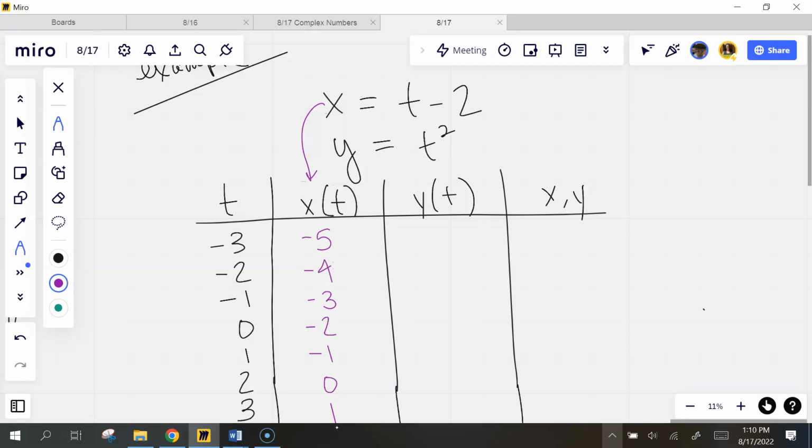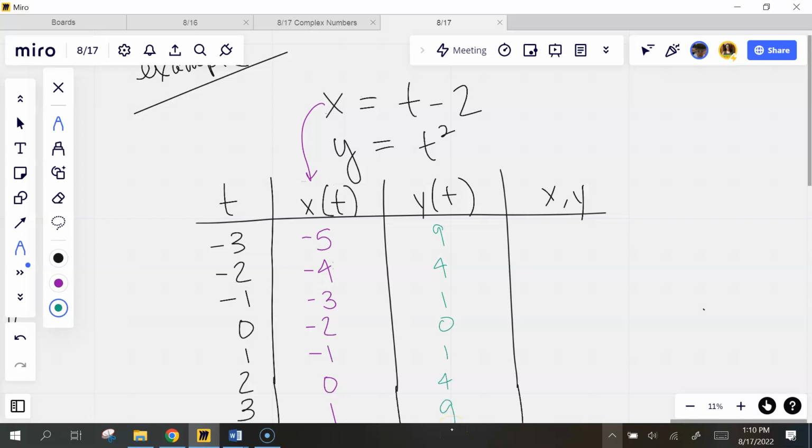Alright, let's do y then. If t is -3, what's the value of y? 9. How about -2? How about -1? 0? 4.